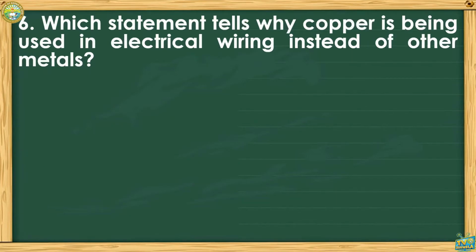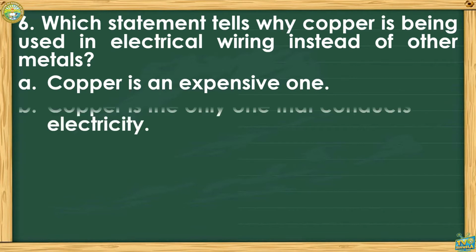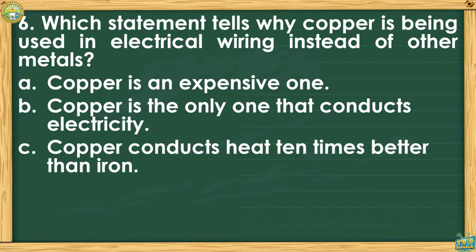Number 6. Which statement tells why copper is being used in electrical wiring instead of other metals? A. Copper is an expensive one. B. Copper is the only one that conducts electricity.